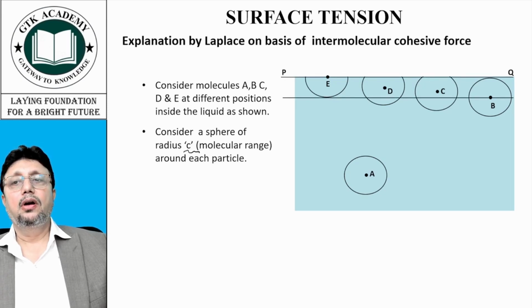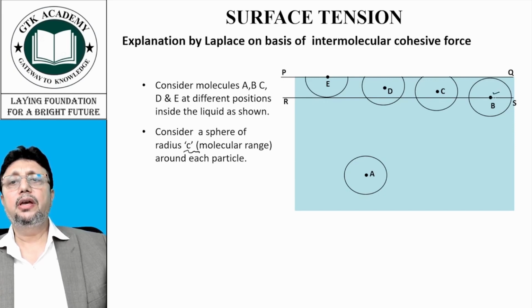Now, consider two layers PQ and RS, right? PQ is just the liquid surface, and parallel to this, we have taken a line passing through B, which is RS.